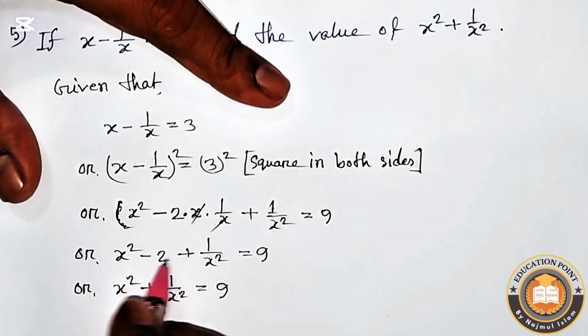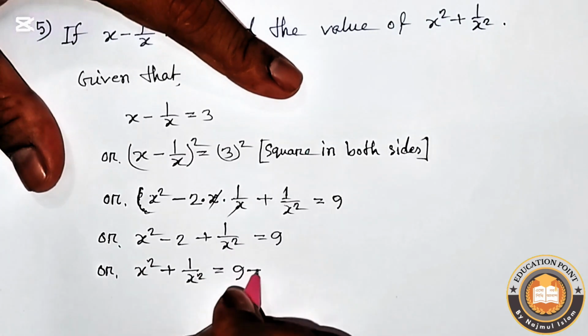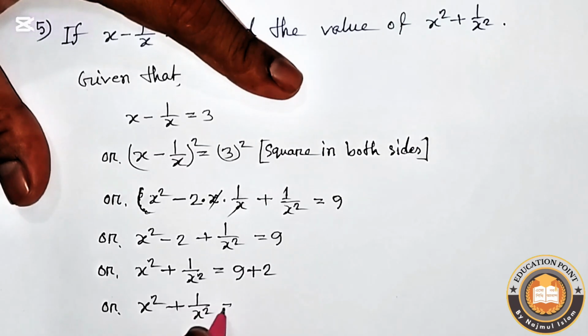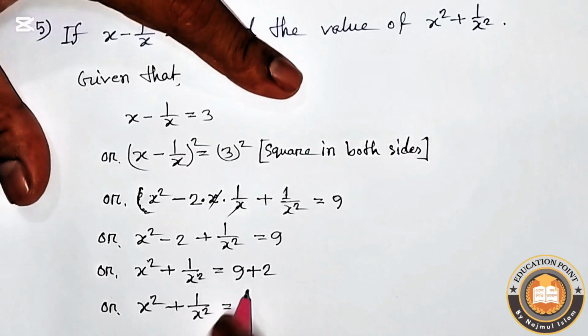Minus 2 moved from left to right becomes plus 2, so x² plus 1 by x² equals 9 plus 2, which equals 11.